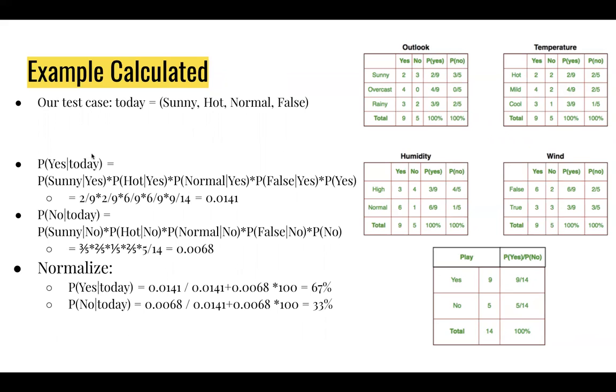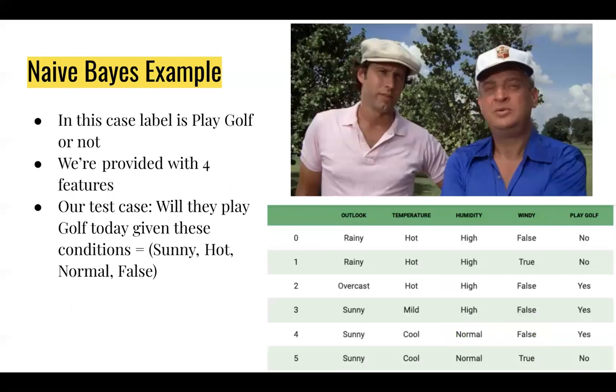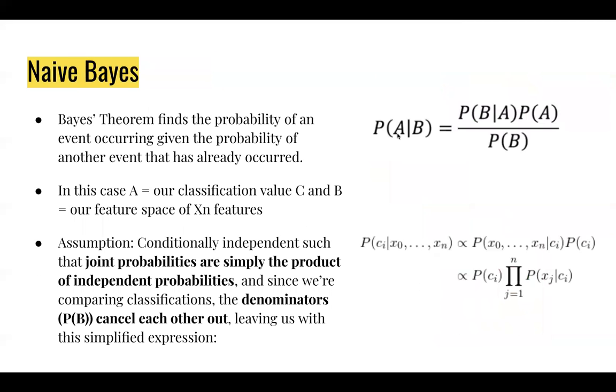Remember, these are the independent probabilities. Going back to here, the probability of a yes given today is the probability of today given yes times the probability of a yes. That's fundamentally what we're solving for. Because we assume conditional independence, we assume that the probability of today is simply the product of the probabilities of each individual feature multiplied together.